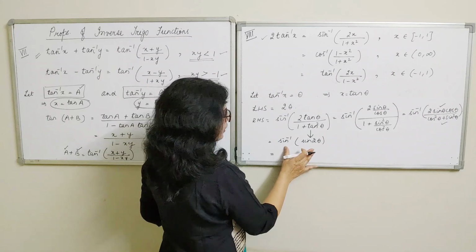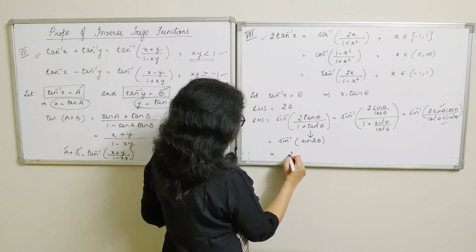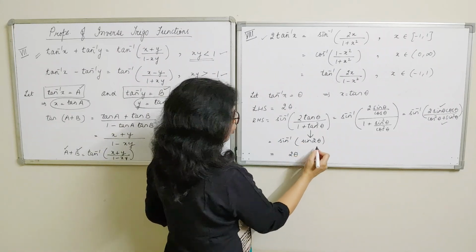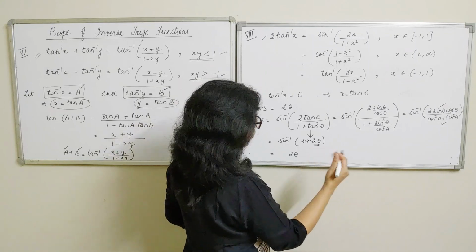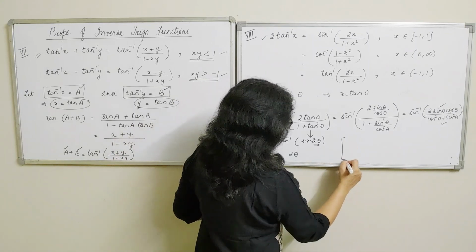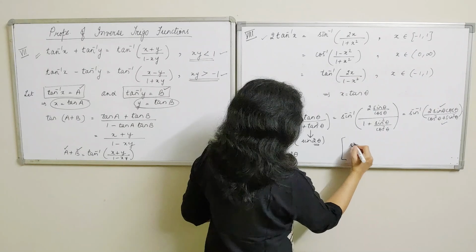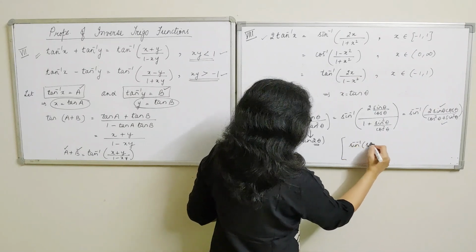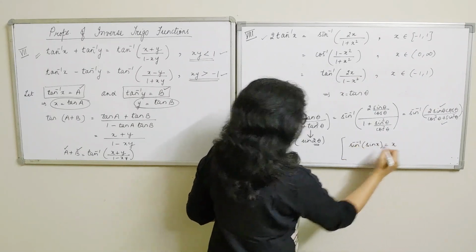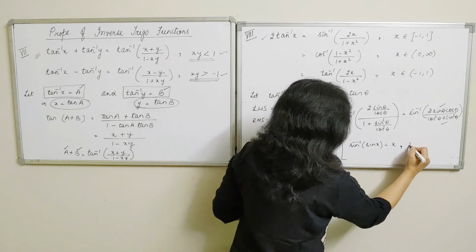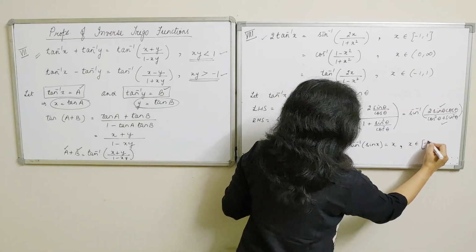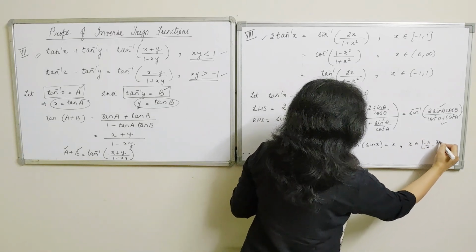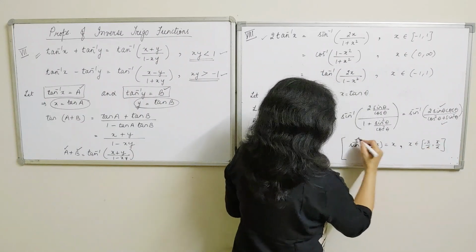Now this result will be equal to 2 theta only if this angle belongs to the principal branch. If you remember, the first set of properties we had written was sine inverse sine x will be equal to x only if x belongs to the principal branch of the sine inverse function.